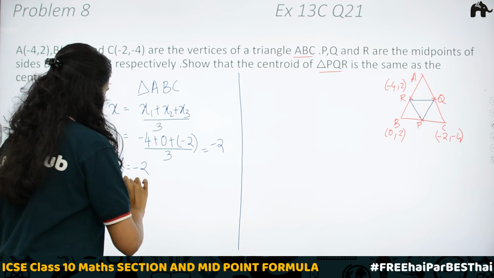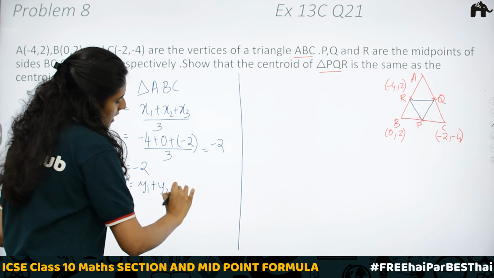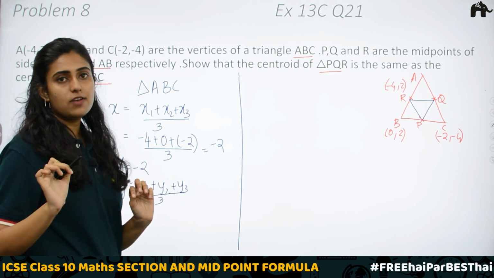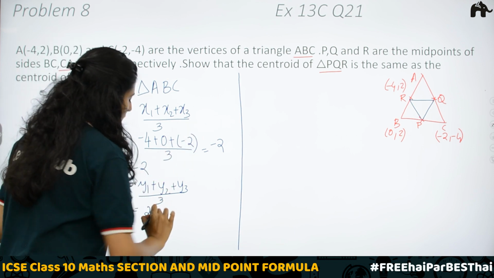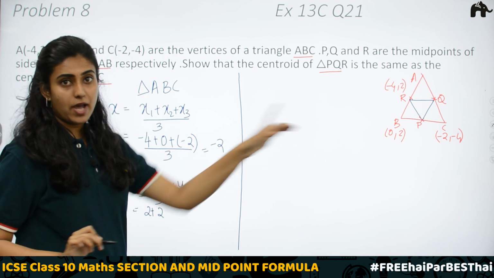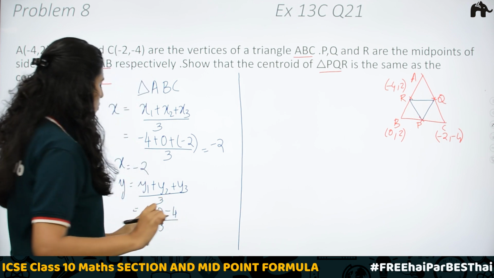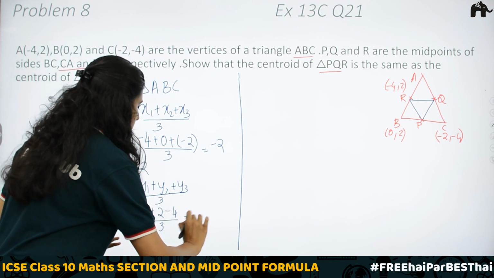Now the y coordinate. y is equal to (y1 plus y2 plus y3) divided by 3. Put the values of y1, y2 and y3. y1 is 2, y2 is 2 and y3 is -4. So (2 + 2 - 4) divided by 3. 2 plus 2 is 4, 4 minus 4 is 0. 0 by 3 is 0.